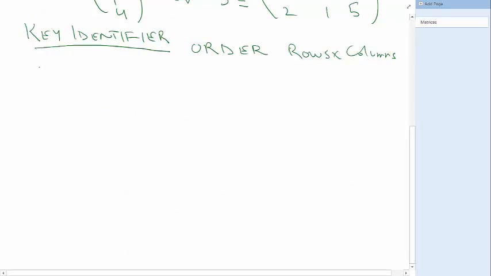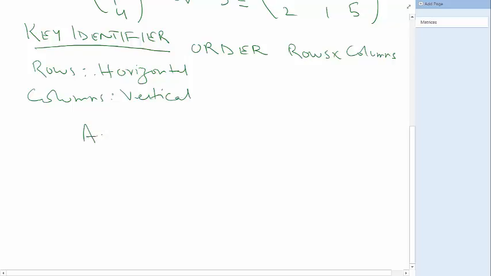So rows means a horizontal set of numbers, and columns means a vertical set of numbers. For example, we have a matrix 1, 4, 3, 5, 1, 6.